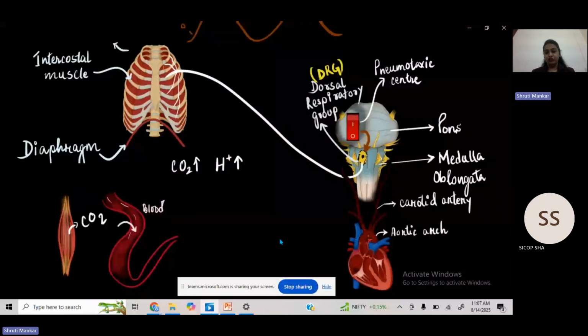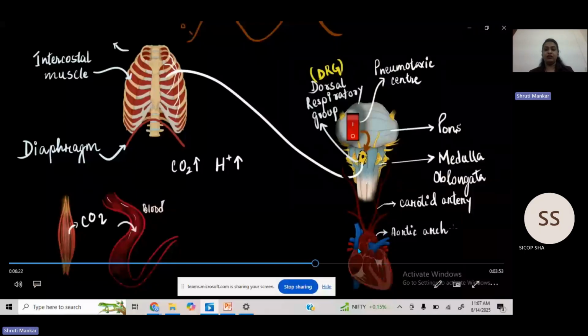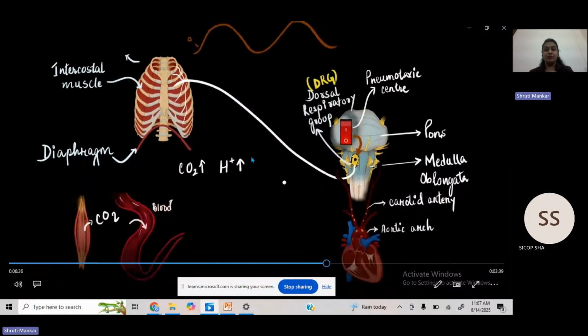Now, in the image on the right side, we see the aorta and the carotid. There are sensory receptors located, pointed out as those yellow dots in the carotid and the aortic arch, which sense this chemical imbalance.